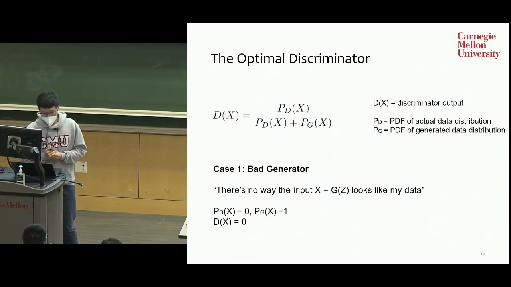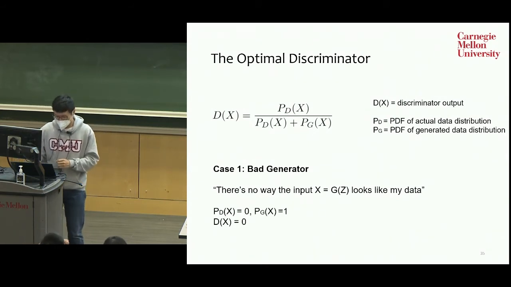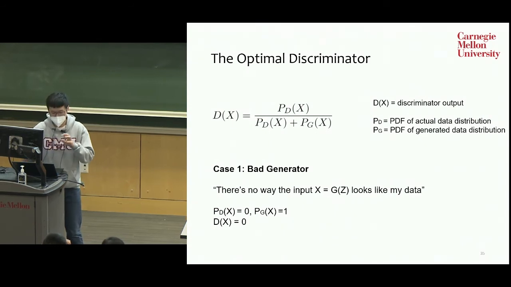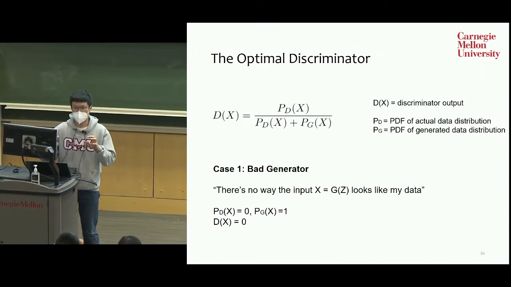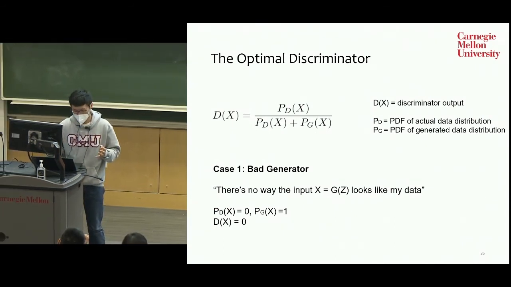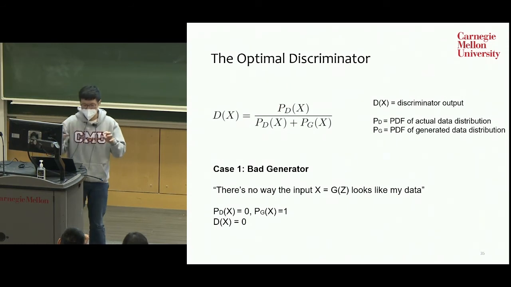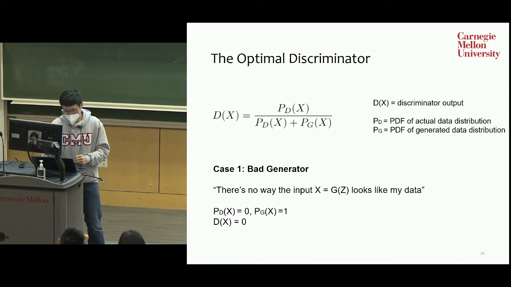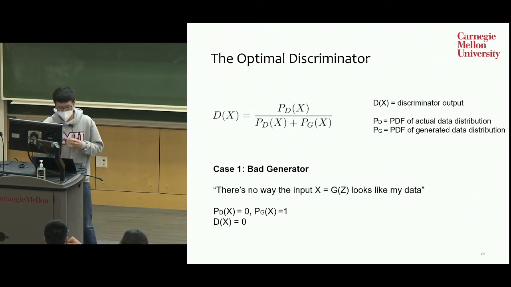Let's say the probability for x coming from the actual data distribution is 0, and the probability for x coming from the generated distribution is 1. If we substitute these two numbers into the formula, we get 0. So essentially, the discriminator will be able to tell precisely that the generator is bad.